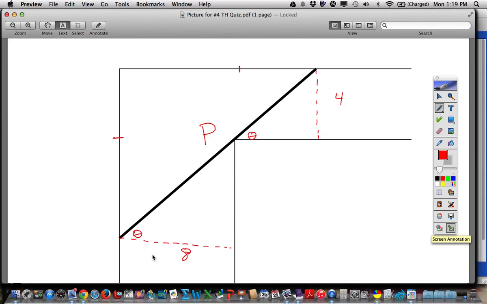So you could set up some SOHCAHTOA with your two triangles here. I've seen people do this in terms of theta. They do a right triangle here and a right triangle here, find their X and their Y in terms of theta, and substitute those into their pipe equation. But you're trying to find the longest pipe, right? So that's just the setup with similar triangles, and you can go from there.